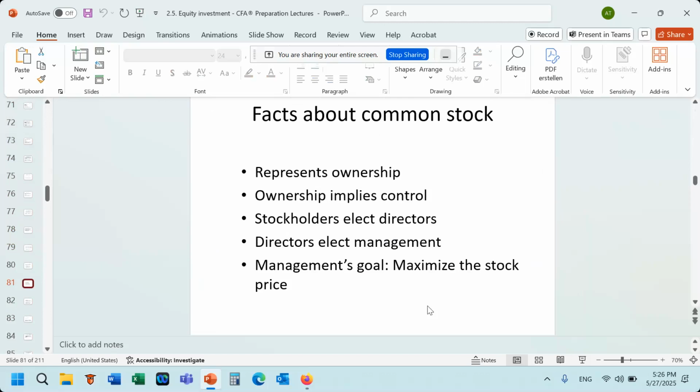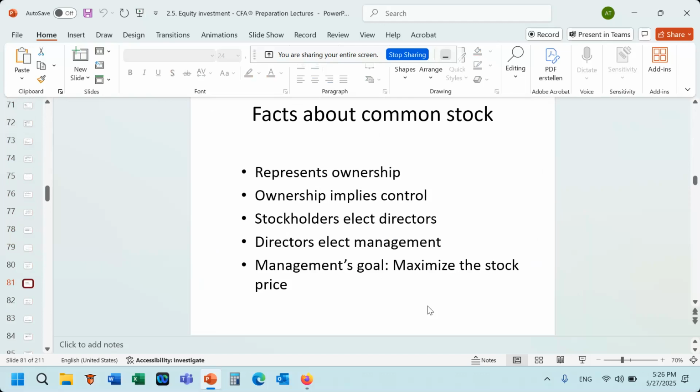Ownership implies control. That word imply is something we should put in red and focus on, because there is separation of ownership and control. Professional managers control a public corporation, and stockholders who are dispersed, who may have a few shares, are the owners.